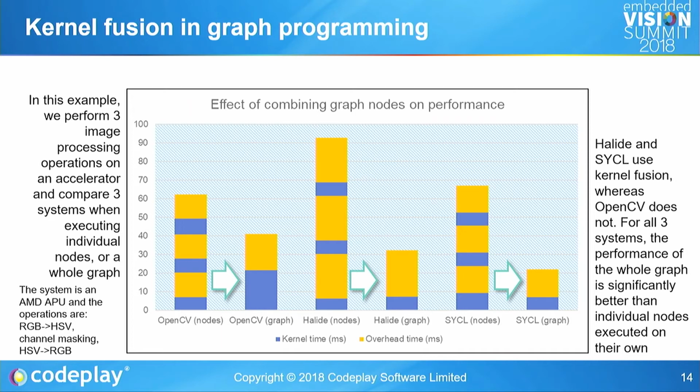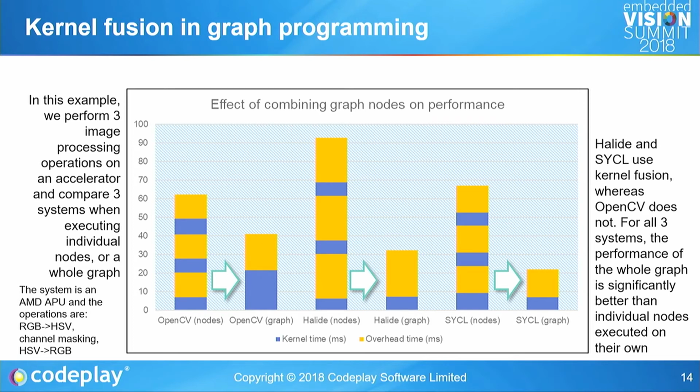So you can see the three combined is only very slightly slower than just one on its own. And the overhead is still larger than OpenCV, but the result is actually faster than OpenCV. So by fusing operations together into one kernel, we make them go much faster. And that's basically because these operations are bandwidth bound, not compute bound. So we keep all of the data on the chip.